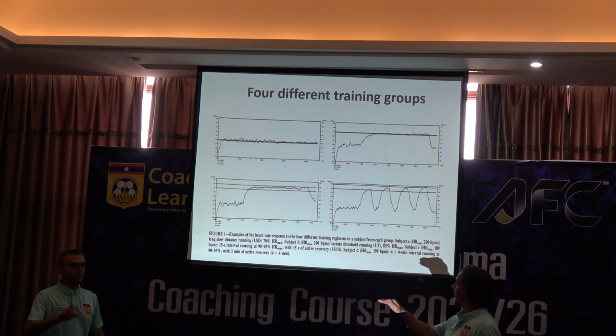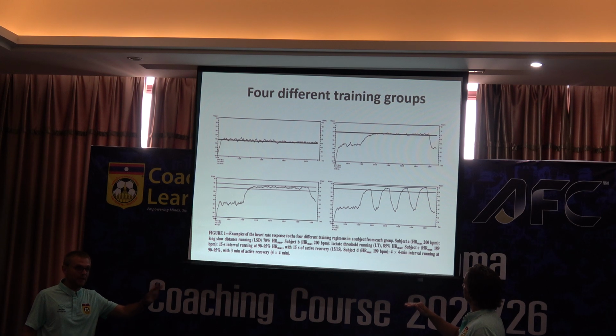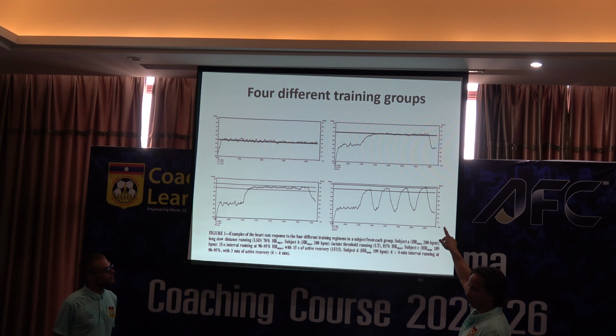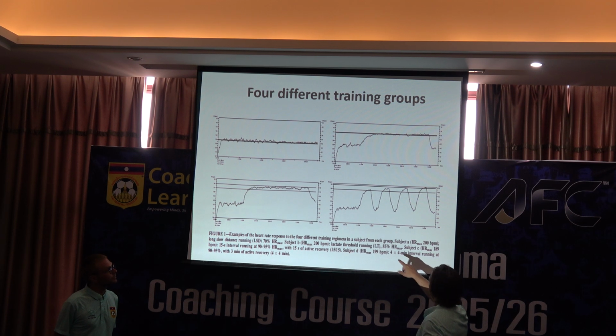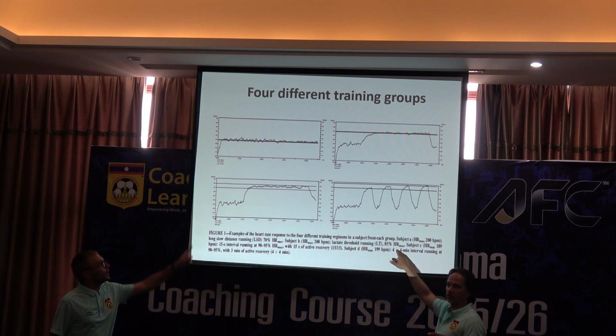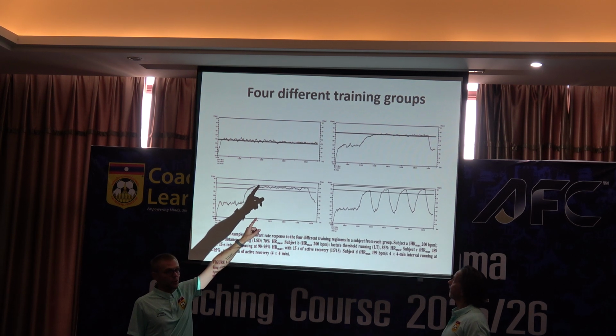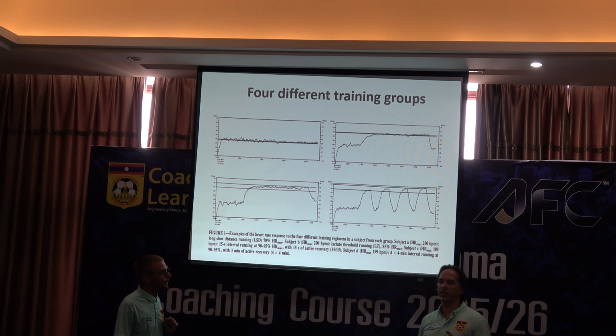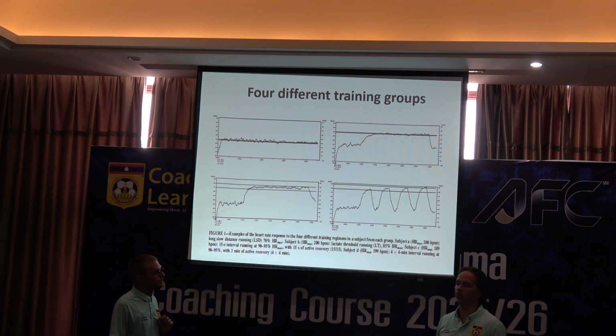Then they had the other group, that's the top right corner. They ran at the lactate threshold, so they ran at 85% of the maximum heart rate, roughly. But they did this as continuous running, not as interval running.